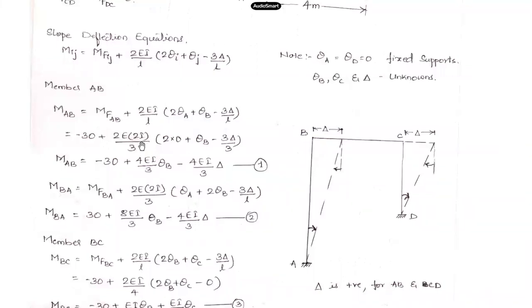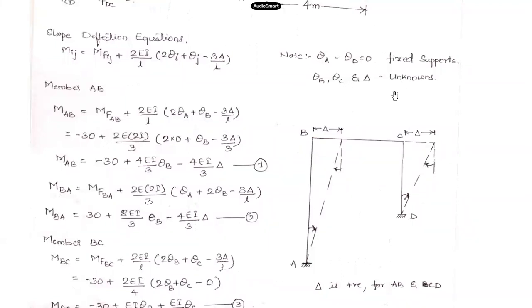Other than that, at B we have rotation theta B. There will be rotation taking place at joint B, and B is allowed to move in the lateral direction. There is a displacement that is occurring at joints B and C due to sway. So this is one more unknown that will exist in our frame. So theta B, theta C, and delta. We have identified these in the kinematic indeterminacy, where we have mentioned these three.